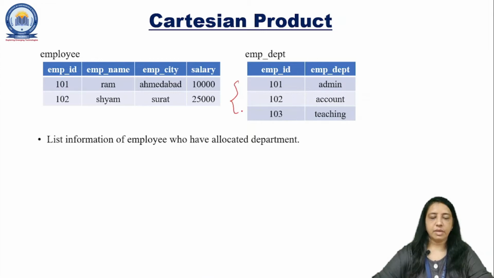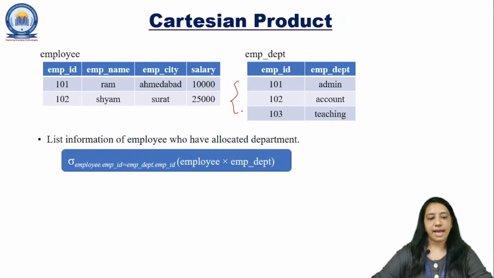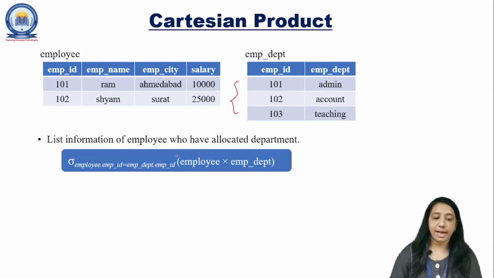The condition. So how to write the condition for that? You can see that I have preceded it with the select, because the select operator is used to define some predicate. That means here we want some condition. So you can see that here we have defined previously, that means a Cartesian product.